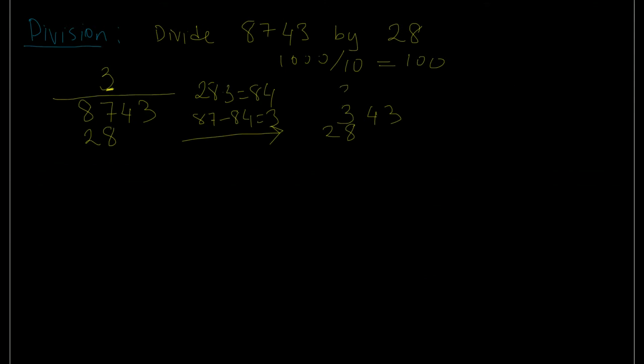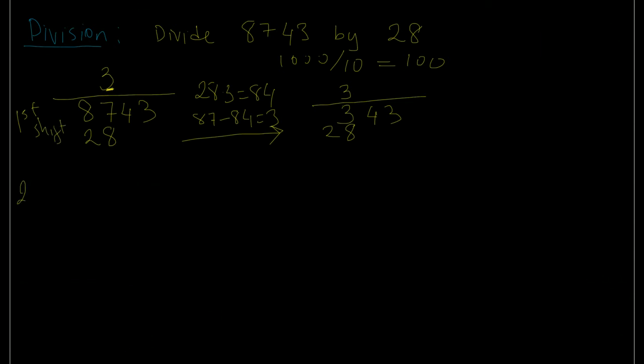And then we have 3 on the top part of the answer. So the highest digit of the answer, the quotient, is 3. So what we do next is similar to the shifting. This is really the first shift.